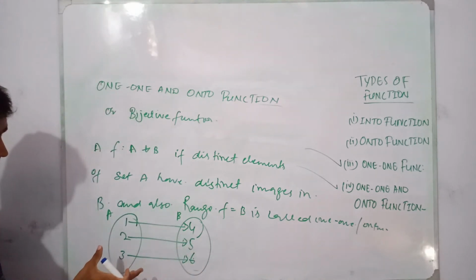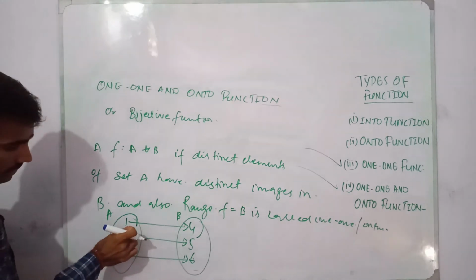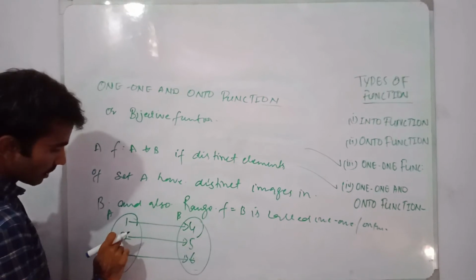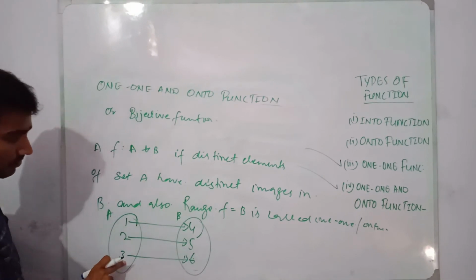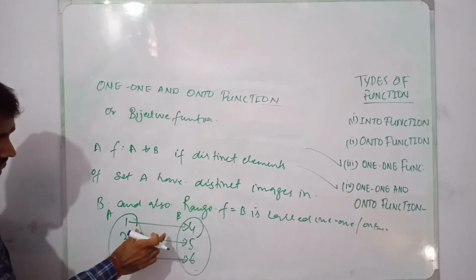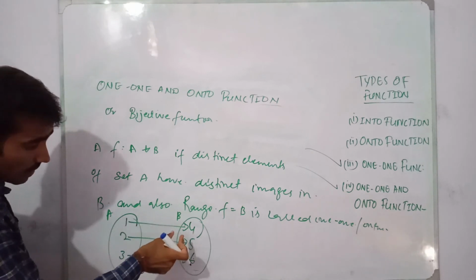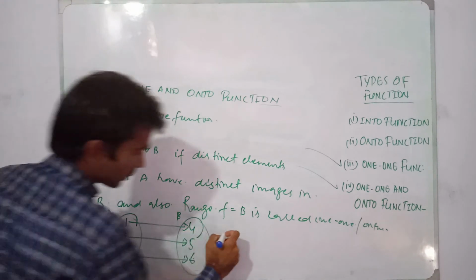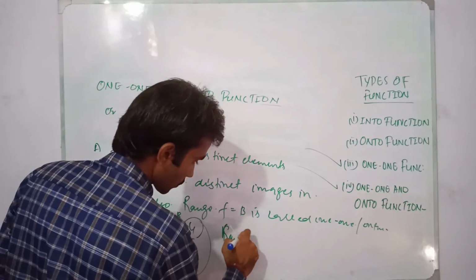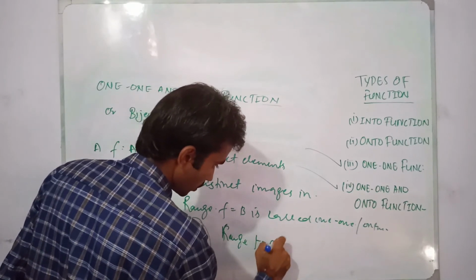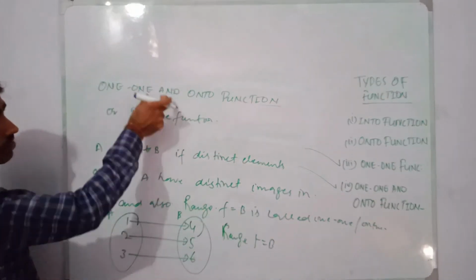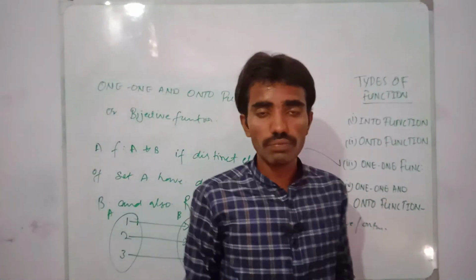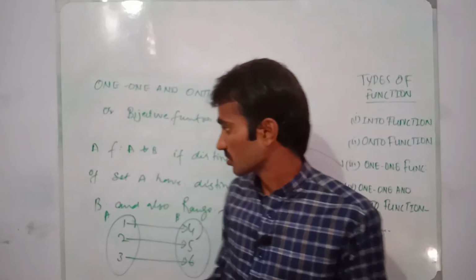So now we say that 4 is the pre-image of 1, 5 is the pre-image of 2, 6 is the pre-image of 3, and distinct elements of set A have distinct images in set B, and also range f is equal to B. So that is all about the one-one and onto function or bijective function.